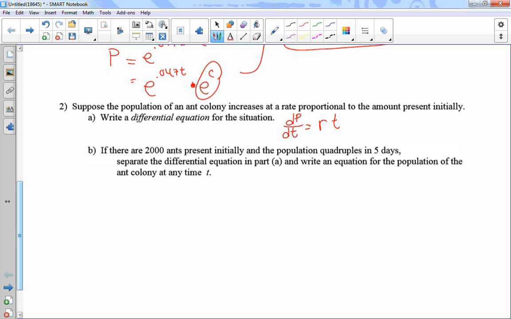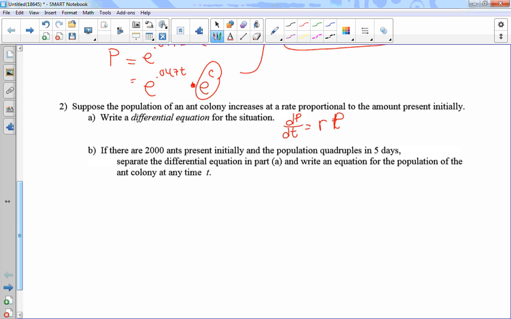Okay, so that's your differential equation. Yeah, we're still talking about population over time. It's still dP/dt. Oh, you mean over here. Yeah, that should be a P. Okay, because the population will be multiplied by the rate.